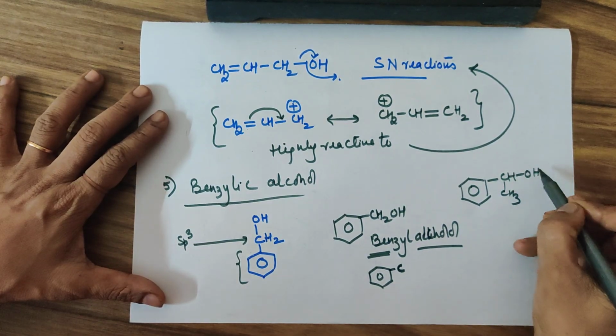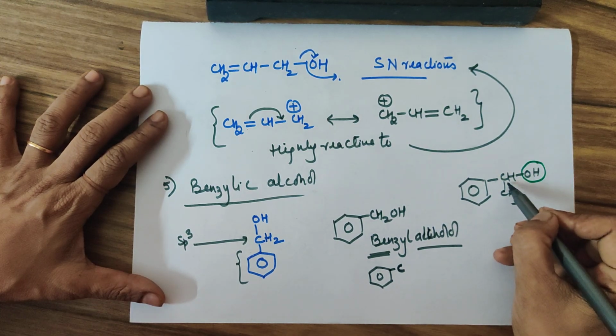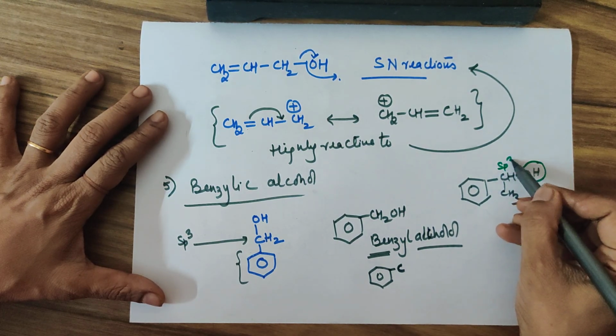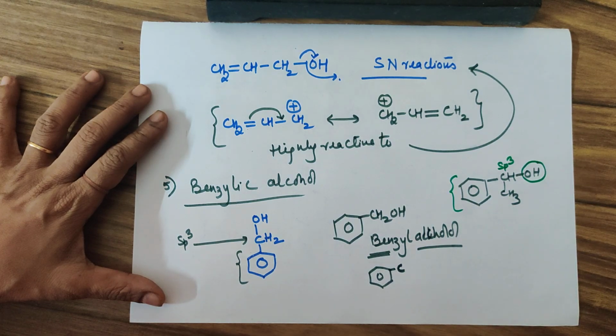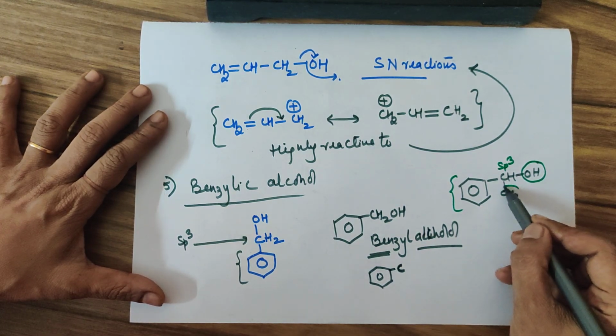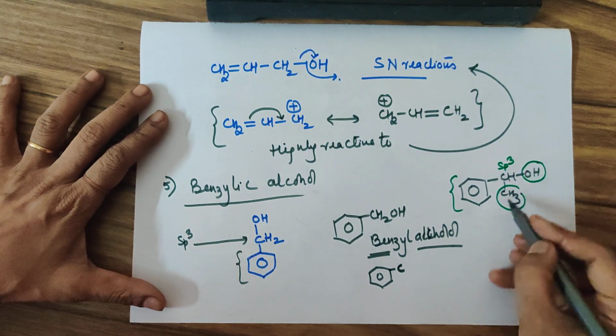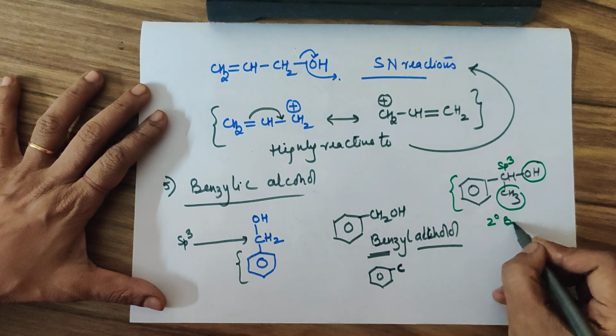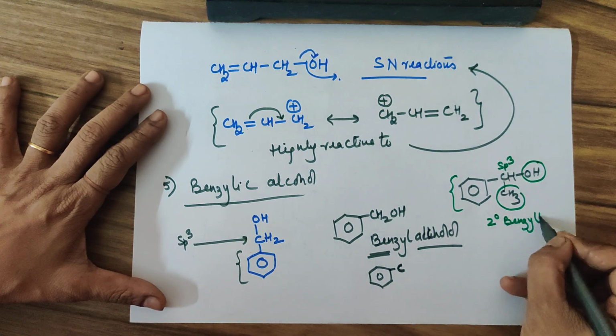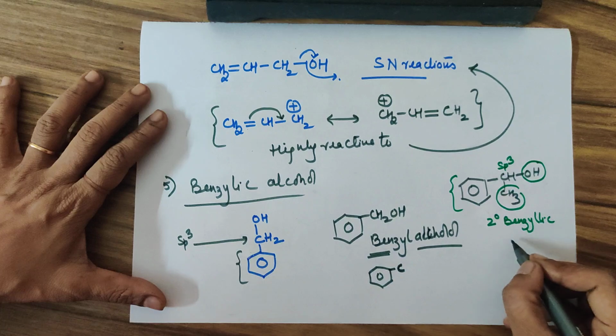Now this particular compound has an OH group attached to a carbon which is sp3 and it is attached to a benzene ring. So it definitely is a benzylic group. But this particular carbon has 2 R groups, so it is 2 degree benzylic because it is secondary also.